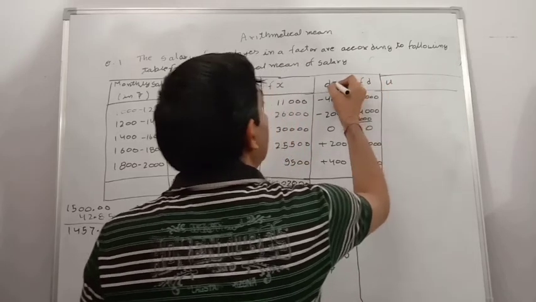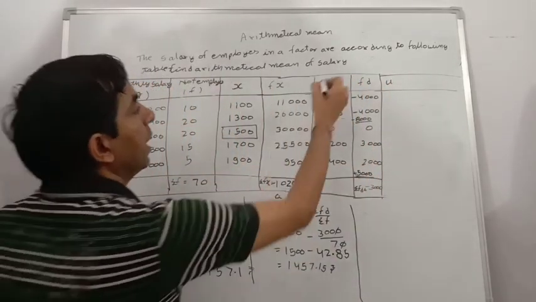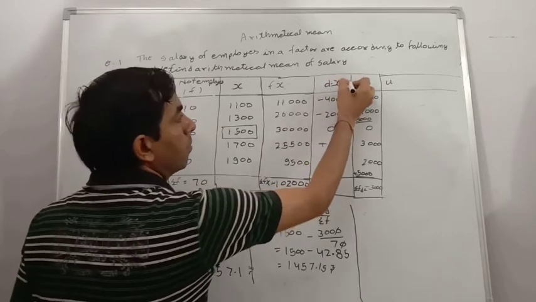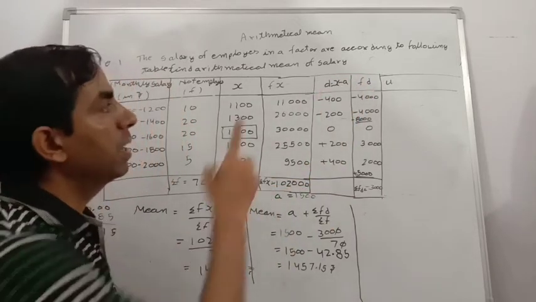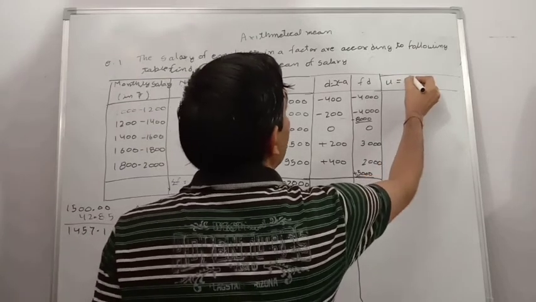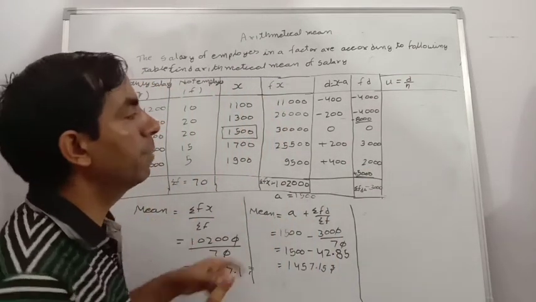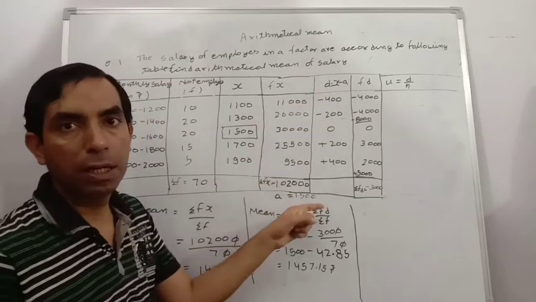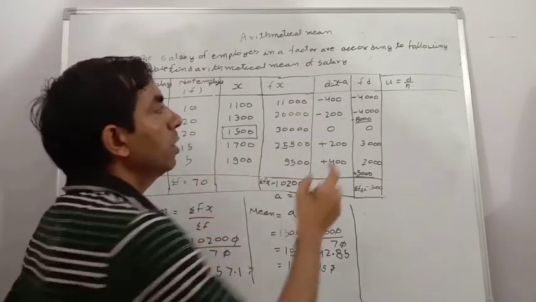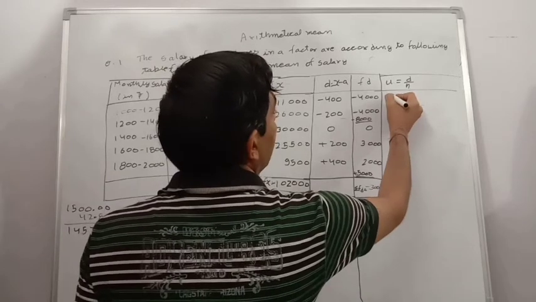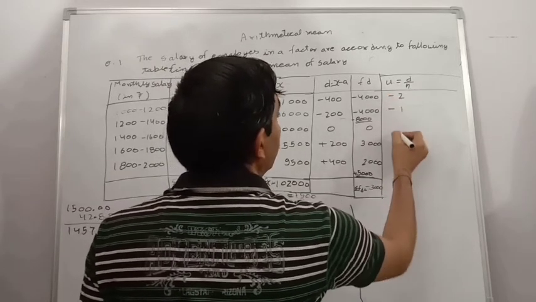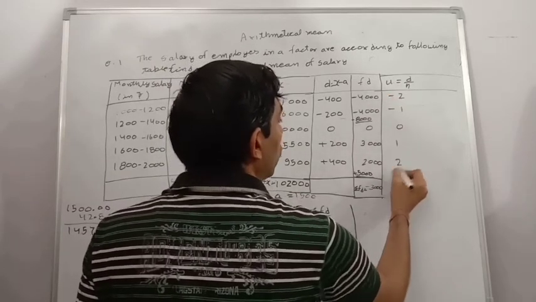U is always obtained as X minus A, divided by H. The number that divides all the numbers is called H. So dividing by 200, we get minus 2, minus 1, 0, 1, 2.